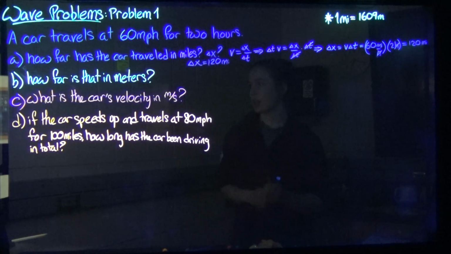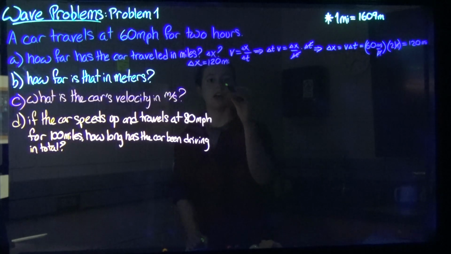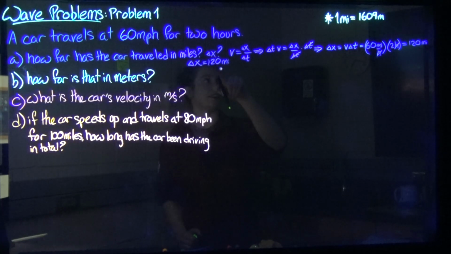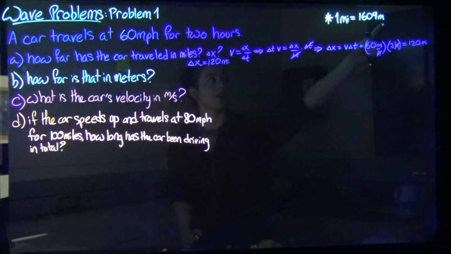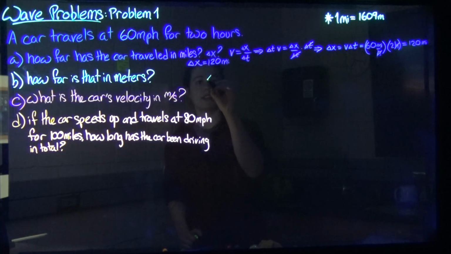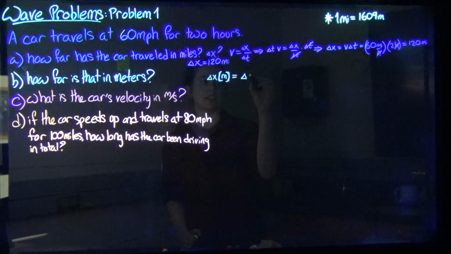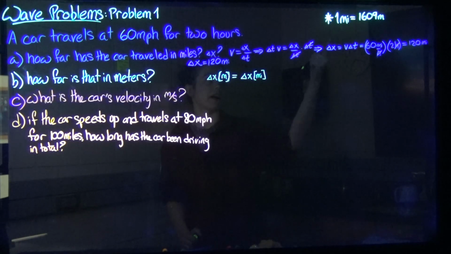Part B is how far is that in meters. So this is just a unit conversion. So we have our distance in miles, we have a conversion from miles to meters, and we're just going to find delta x in meters, which is delta x in miles multiplied by this conversion. And we're going to put it so that meters is on top. This way our miles cancel.